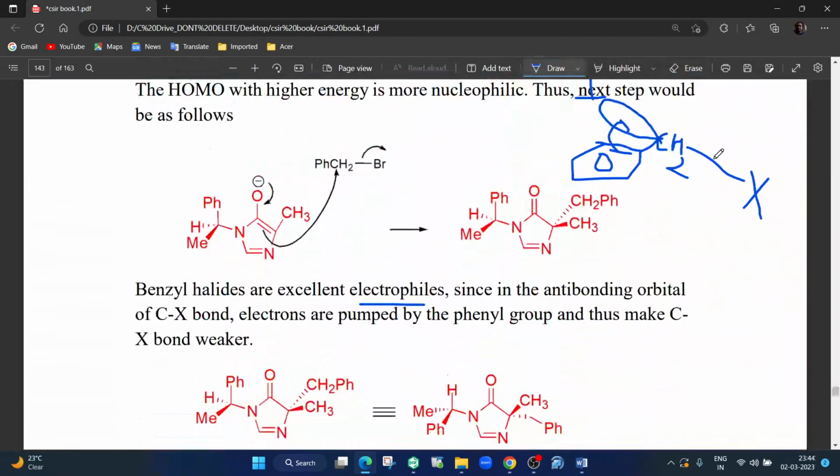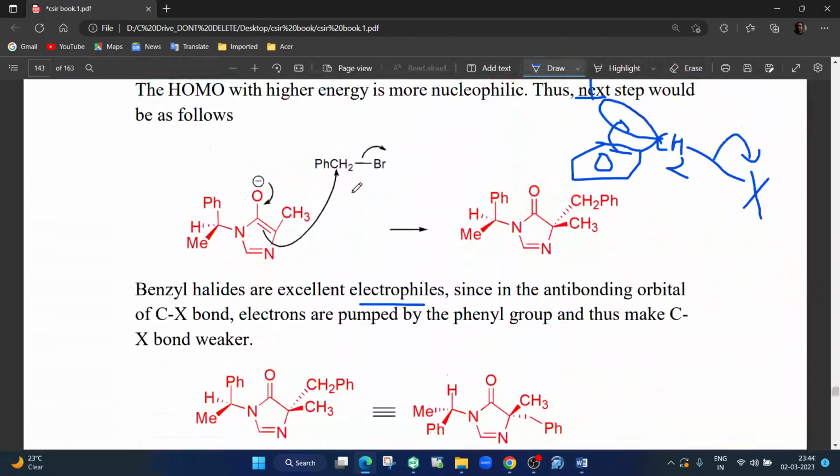When you pump, what happens? This is already very weak. So when you donate electrons into the anti-bonding molecular orbital, the bonding molecular orbital becomes very weak, and therefore a lot of vacancy is available in this anti-bonding molecular orbital, and this bond is already very weak, and therefore it is a wonderful electrophile.